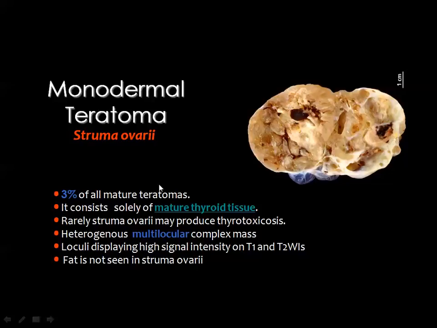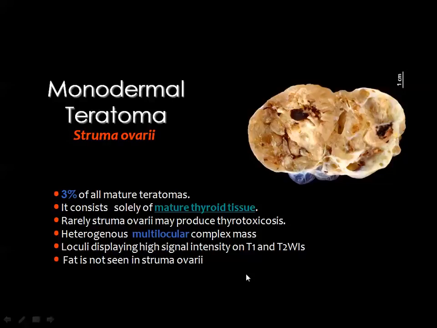Now we are dealing with one of the rare lesions in the ovary, which is the monodermal teratoma, known as the stroma ovarii, which is made of only mature thyroid tissue. These lesions represent about 3% of all mature teratomas of the ovary, and they are usually multilocular, and the locules may contain fluid which is of high signal in T1 and T2 due to its colloid content.